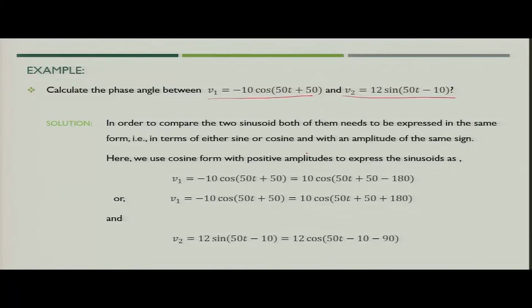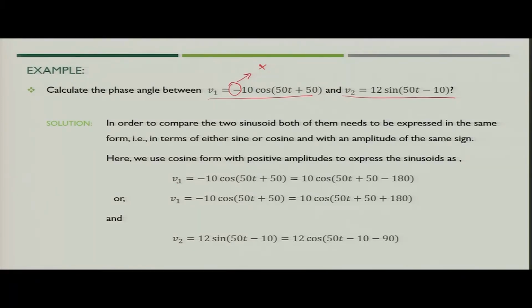So, we are trying to find out the phase angle by converting sine into cosine, and we have to convert the minus sign also into the positive sign with the help of some trigonometric operation we just saw in the previous slide.